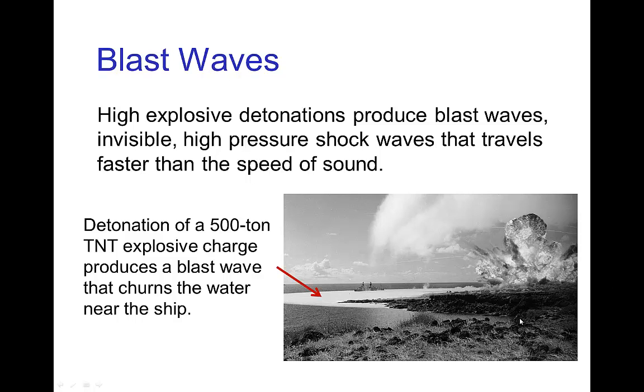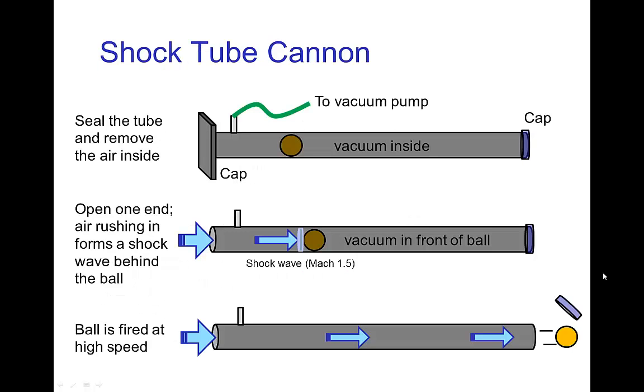You see this in this photograph where there was a large TNT explosion, and this rippling that you see on the water is the shock wave as it has passed over the surface of the water between the ship and the shore.